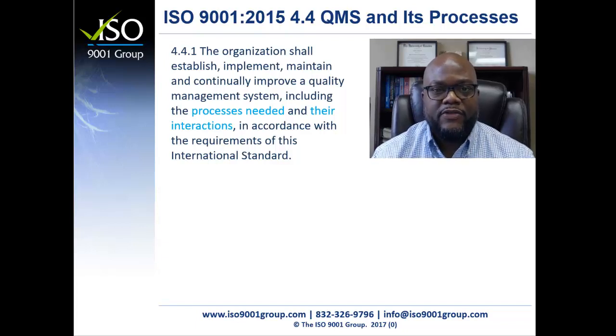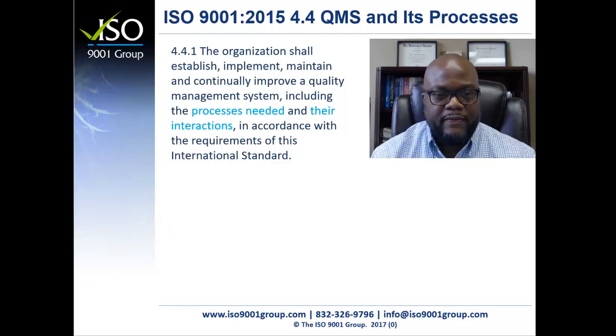All right, so ISO 9001:2015 in section 4.4 states that the organization shall establish, implement, maintain, and continually improve a quality management system, including the processes needed and their interactions in accordance with the requirements of this international standard, meaning ISO 9001. All right, so let's look at a couple of things here.